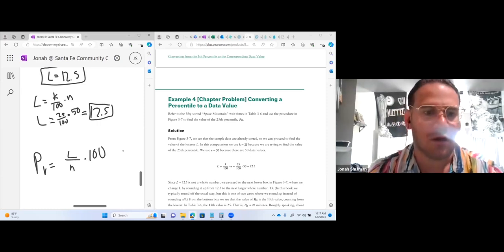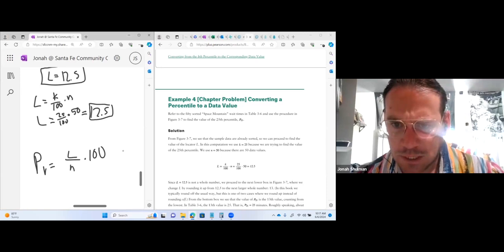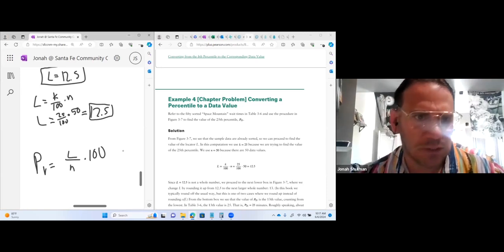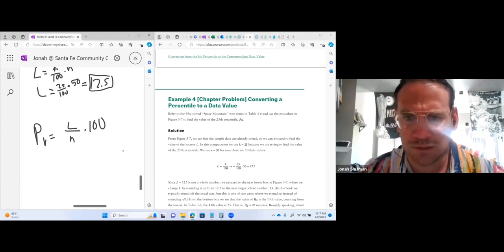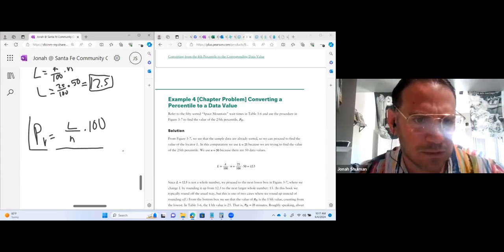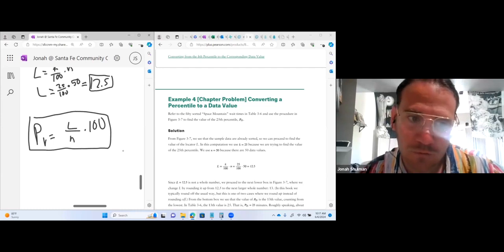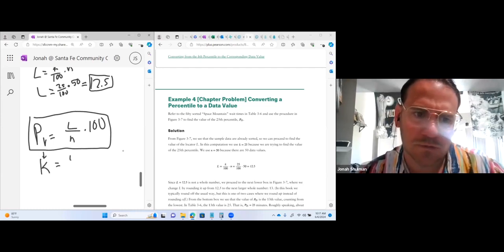Perfect. K is also what they're giving for PV. So K is the computation that they want, which is totally fine. So K and PV are pretty much the same thing. This is why I think it's weird when they use different values. This is the percentile value, which they just gave us before. They're also telling us that is K. I hate when they use two letters for the same thing.